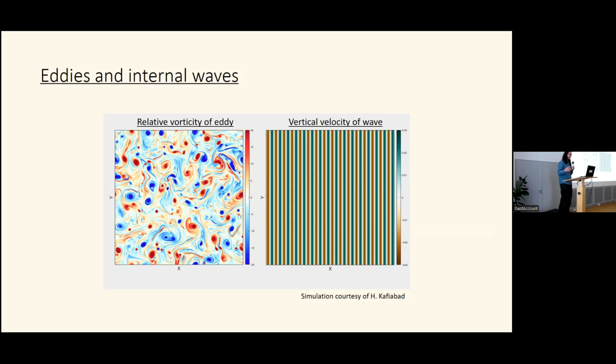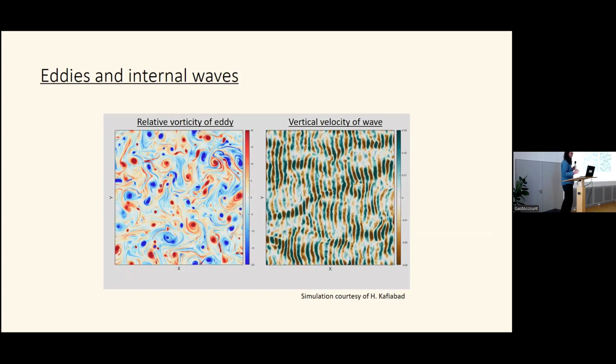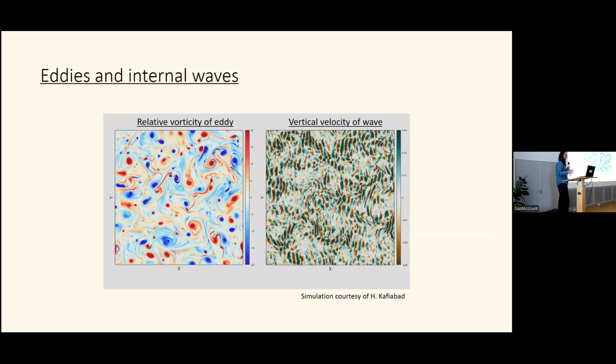And basically the flow is unchanged by the wave, but the wave, which has a preferred wavelength and direction, loses both of these things. So what this is indicative of is wave scattering by large-scale eddies.